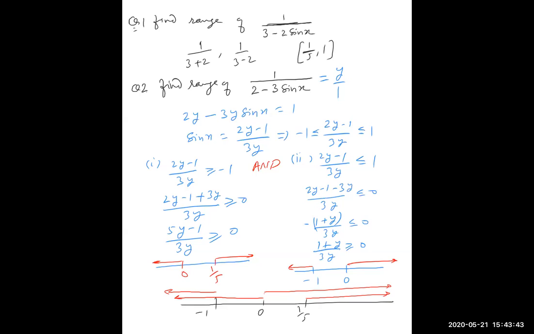So what is the common part? This is the common part here. And here this is the common part. So the answer is y is less than minus 1 or y is greater than 1 upon 5. So whatever answer you are getting, it is just the opposite of that.